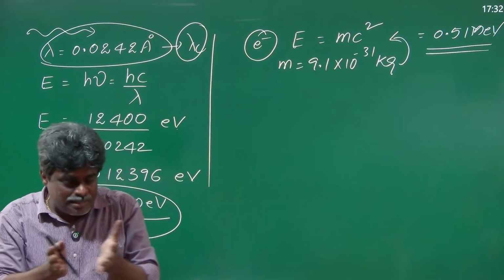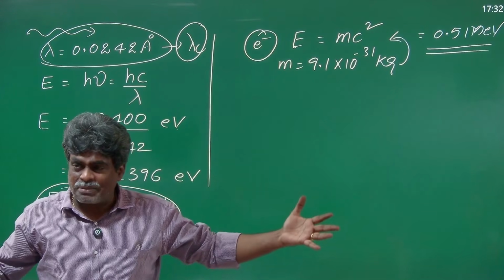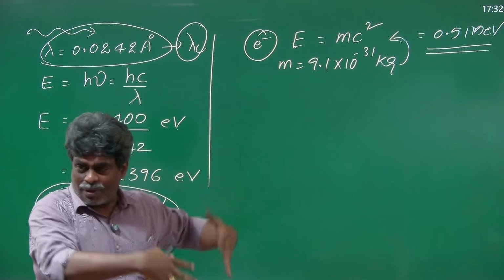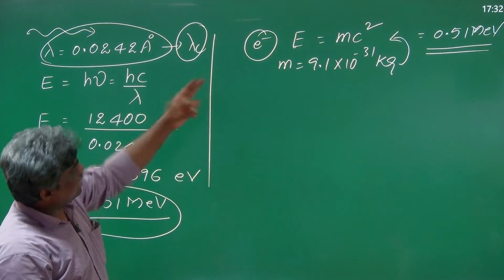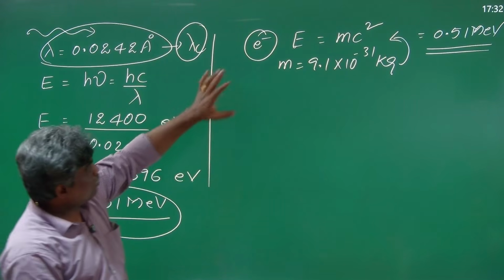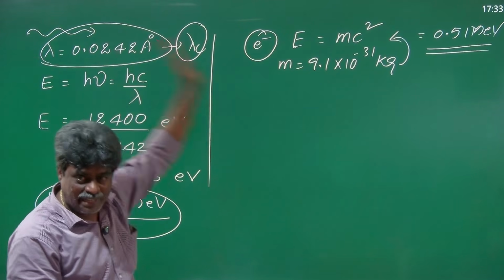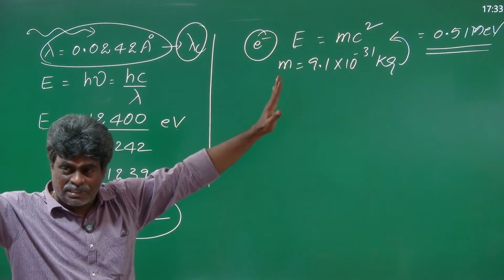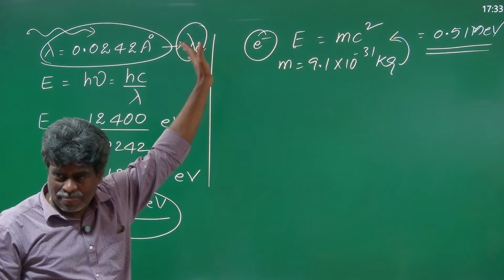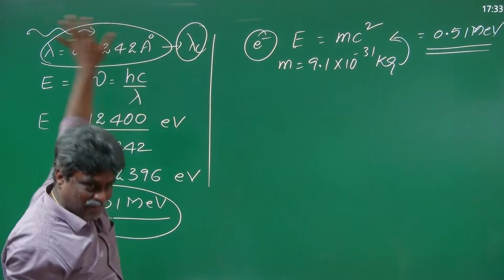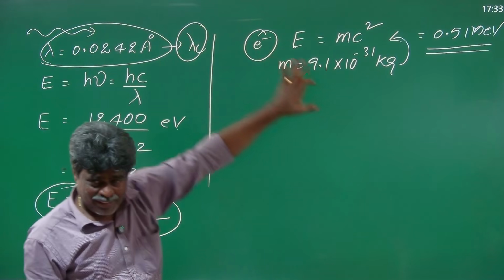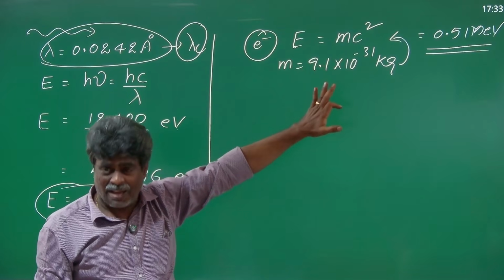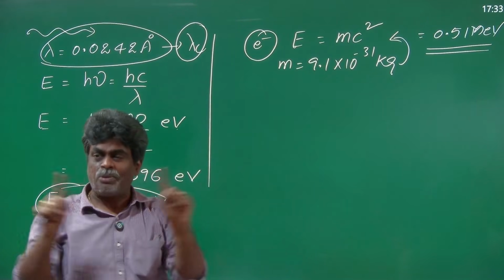See, the concepts are different, but all are coming to one place. In the Compton effect, when you send a photon on the target, you get the Compton shift as this lambda. Now if you take a photon with this lambda, you get back the energy of the electron. That's why it is a beautiful question.